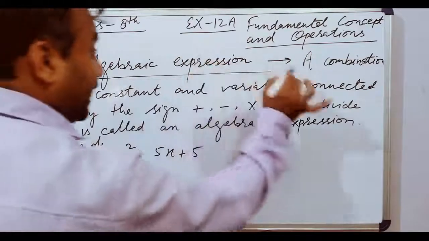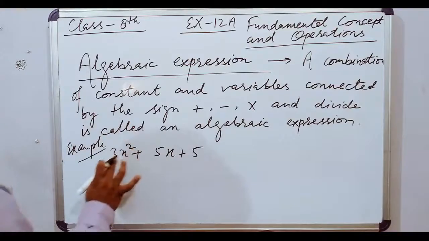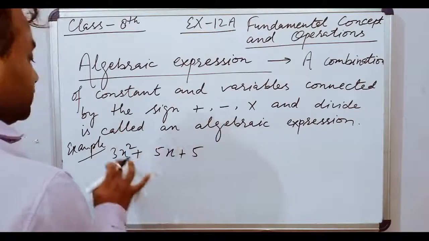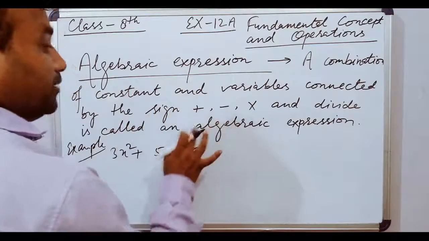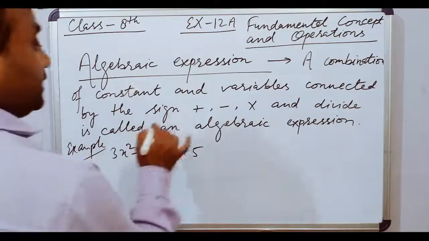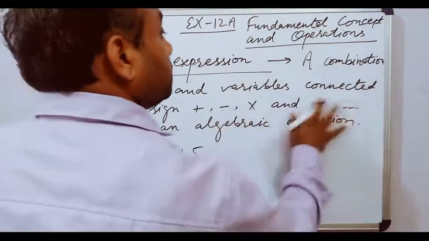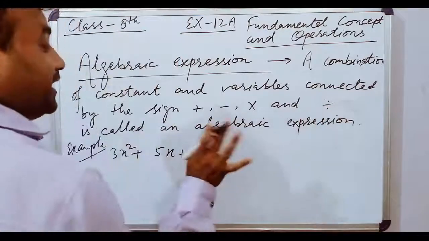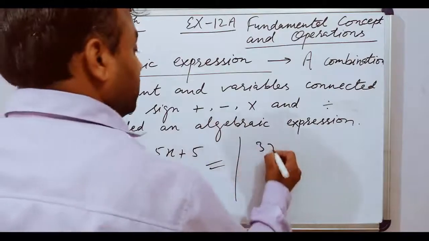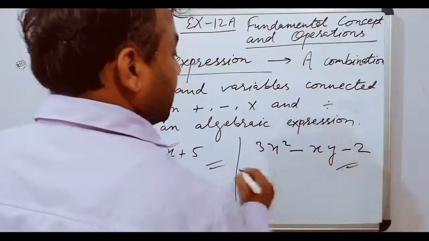Okay, a combination of a constant and a variable, like 3 and x square, connected by the signs of multiplication, addition, subtraction and division is called an algebraic expression. For example, this and 3x square minus xy minus 2, these are algebraic expressions.